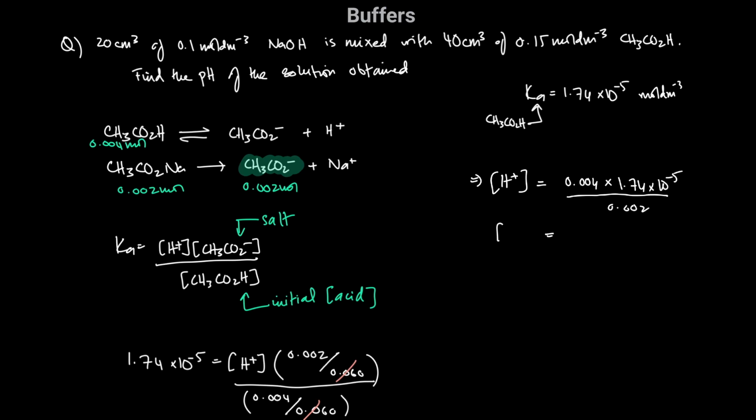The concentration of H plus comes out to 3.48 into 10 to the power of minus 5 moles per decimeter cube. Now if you want to find the pH, we can simply say pH is just the minus log of the H plus concentration. So the pH comes out to 4.46.